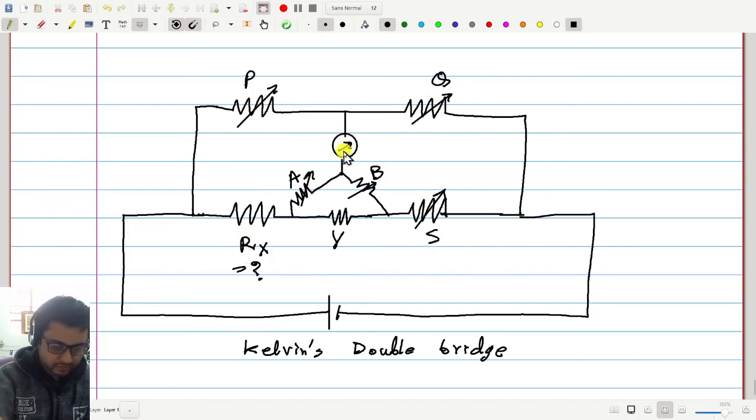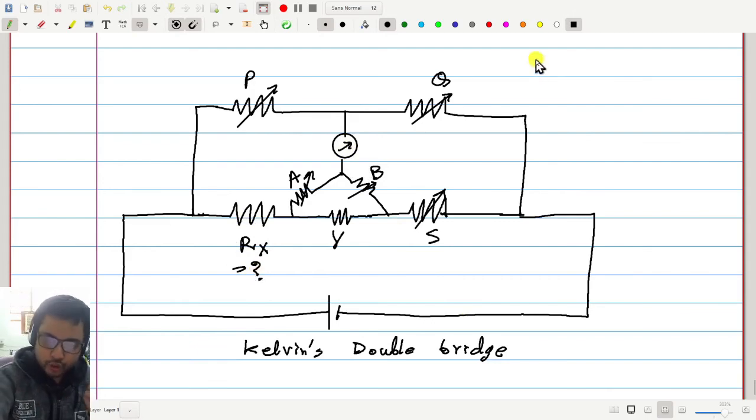Gamma is unknown, but we will not care about it. You will see. Then we will find the balance equation. From that we will get Rx.